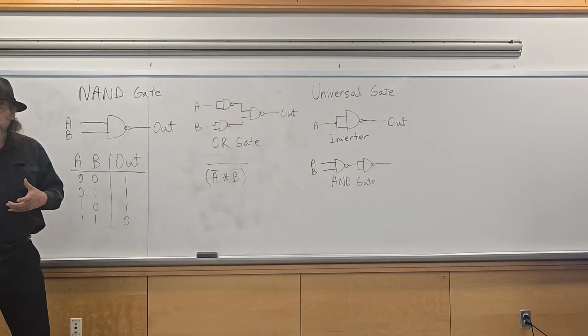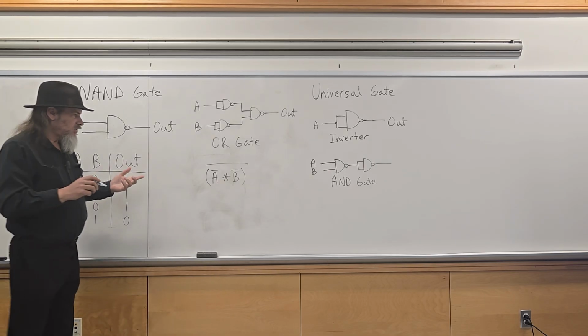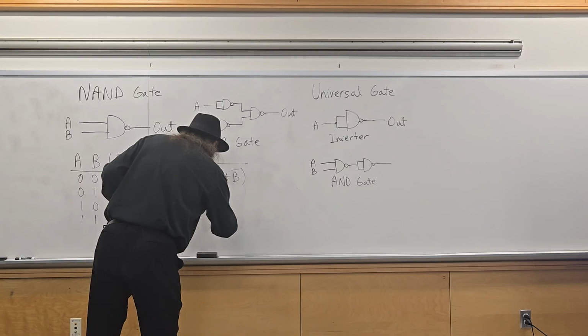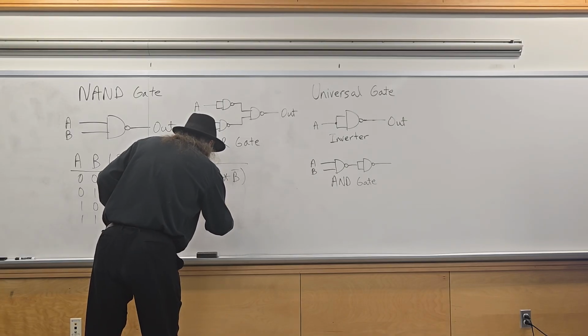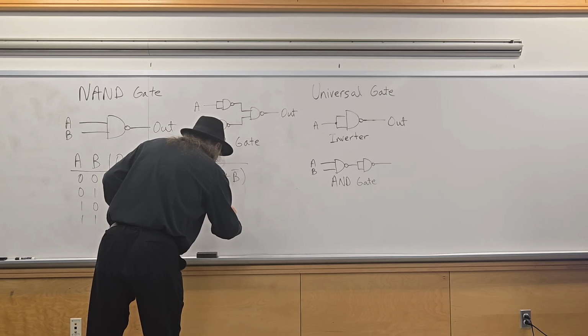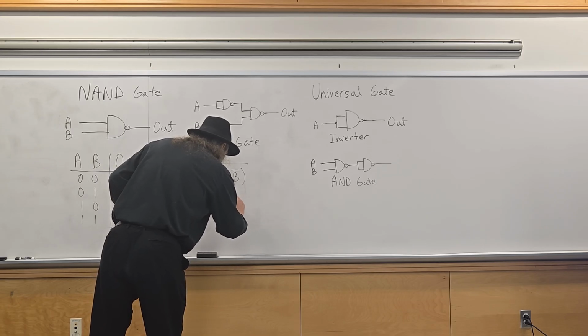Now, what's De Morgan's law? Apply it to this, and you have A bar bar, B bar bar.